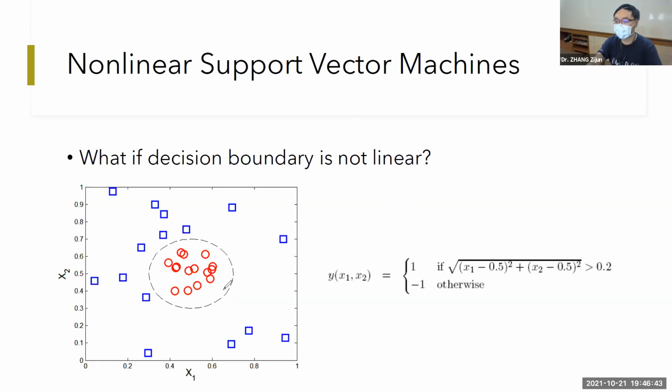Based on our visual examination, we will find that this decision boundary can be written as this. Then how can we extend the SVM algorithm to handle such kind of nonlinear decision boundary?